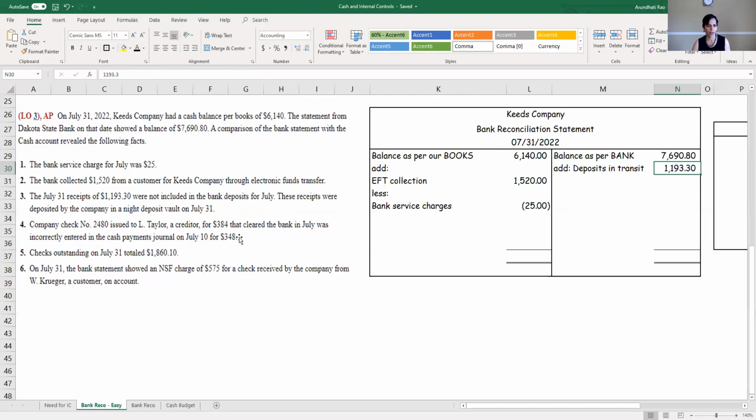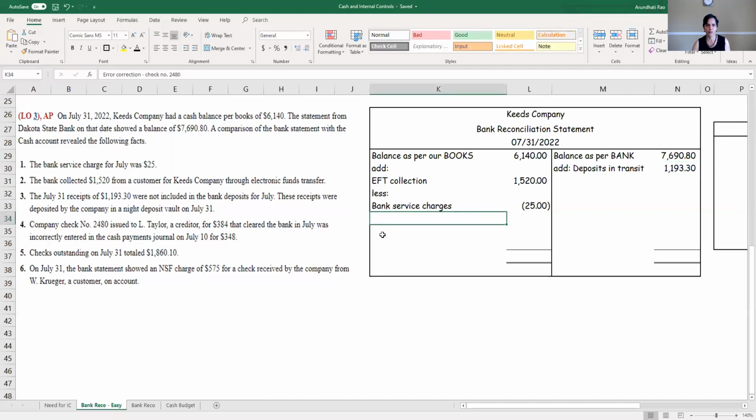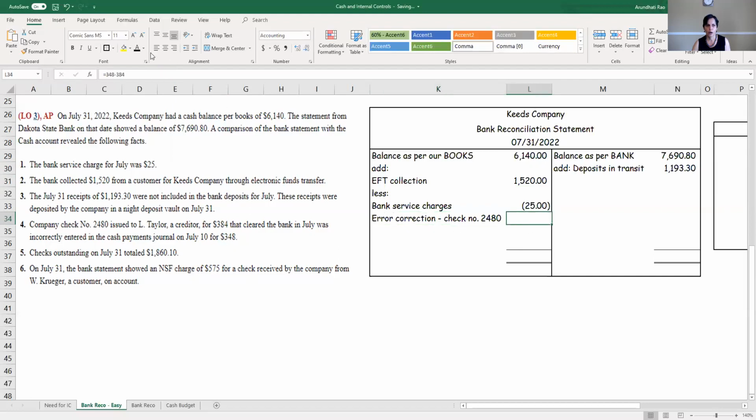It has cleared the bank. Our creditor is happy with us. In my books, I'm showing that I paid only $348. So it's showing that I still owe money and I need to make a correction for that. So that's an error correction I need to make. I need to subtract that amount because that has already gone out of my account. So the difference between these two numbers, 348 minus 384, $36, I need to credit the account.